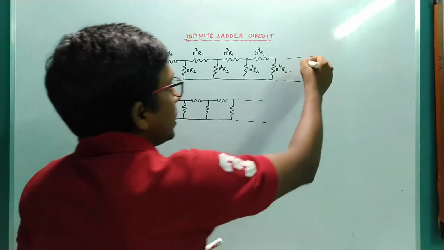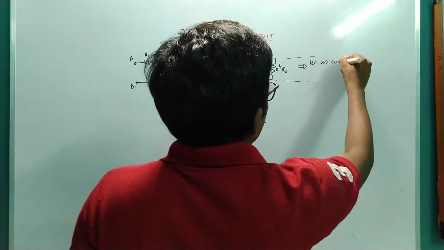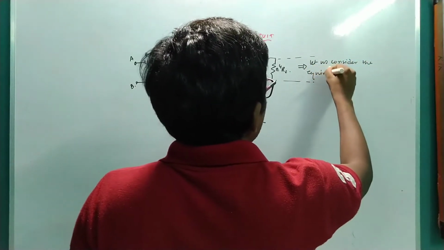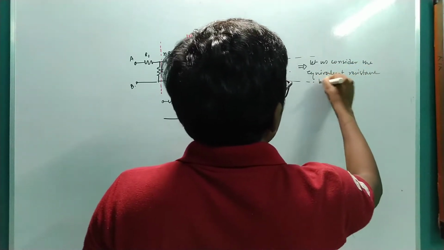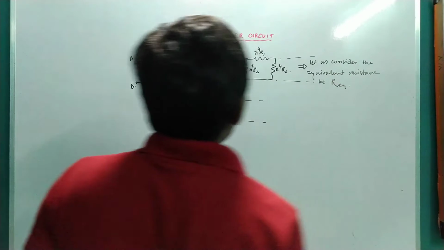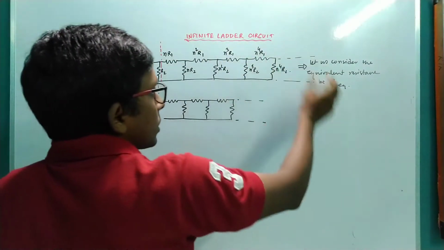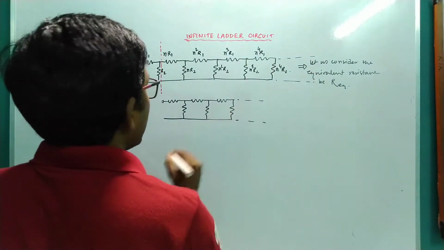Before that, let us consider the equivalent resistance between A and B, R equivalent. I am writing it. So the equivalent resistance of this circuit is R equivalent. Now I am taking out the first part and drawing like this.